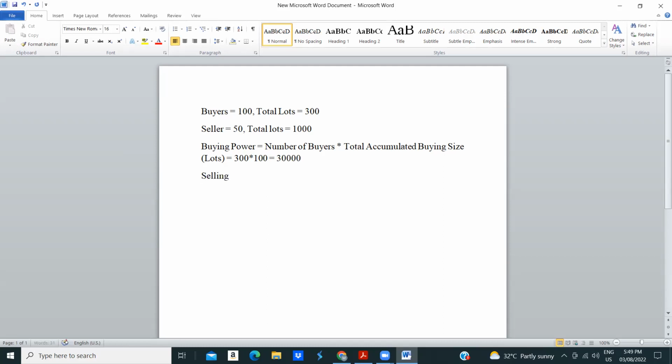And how about selling power? The selling power is number of sellers multiplied by total accumulated selling size, which is in lots. So I will copy the formula here.